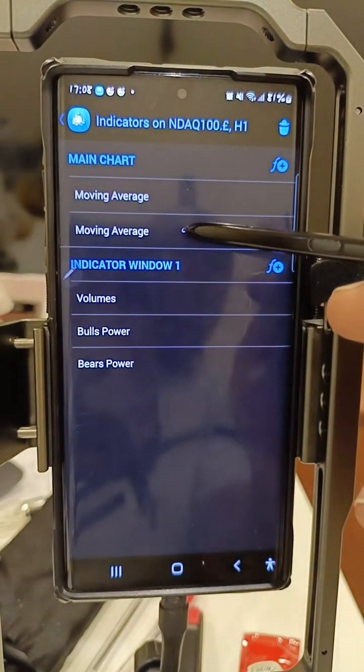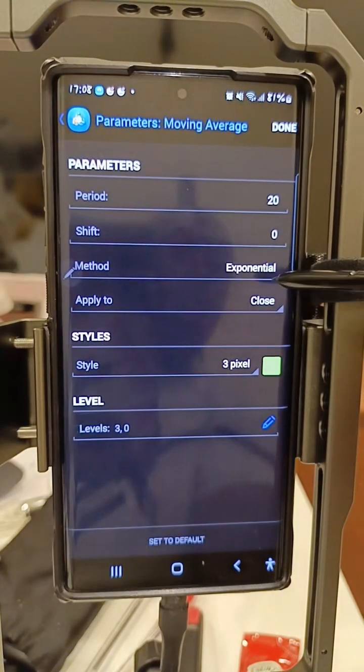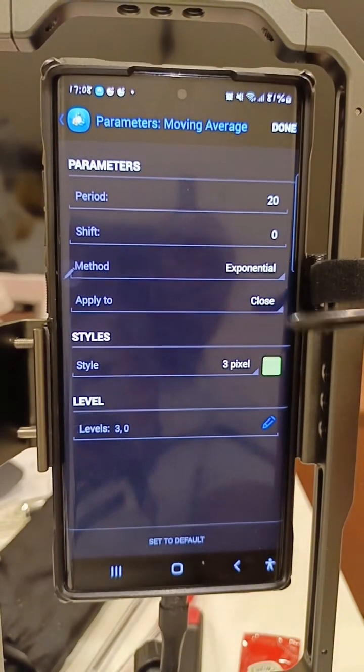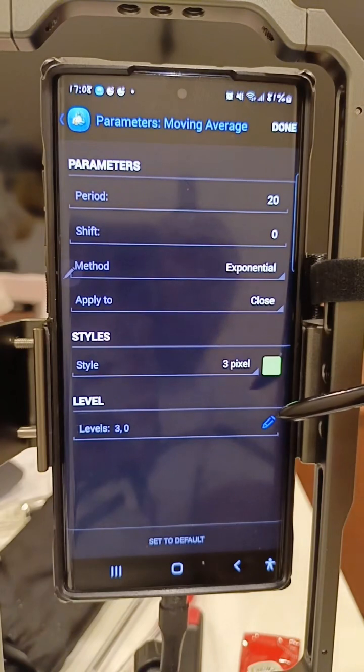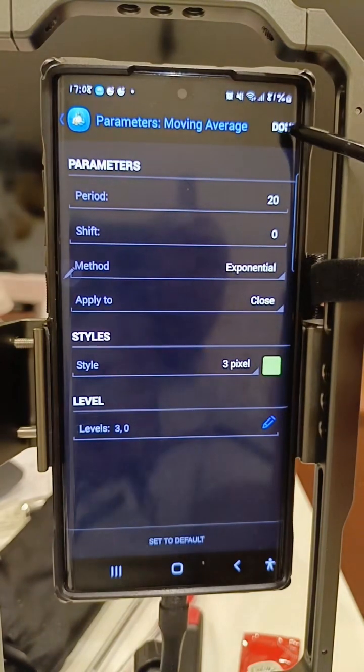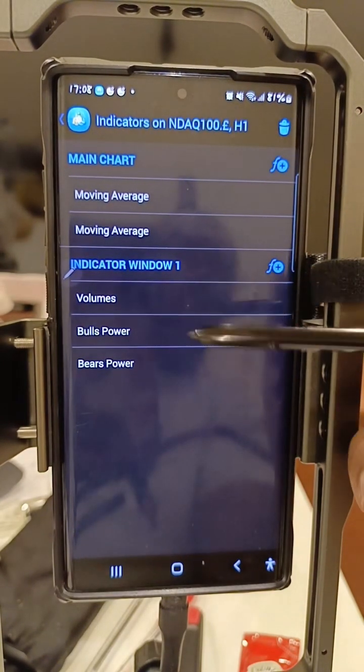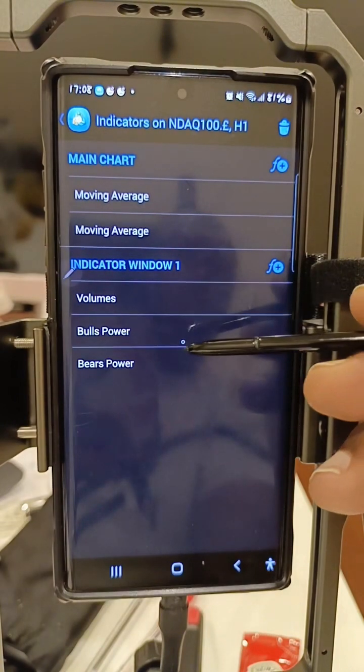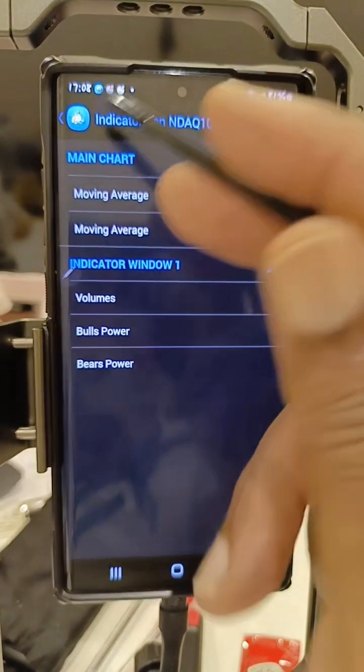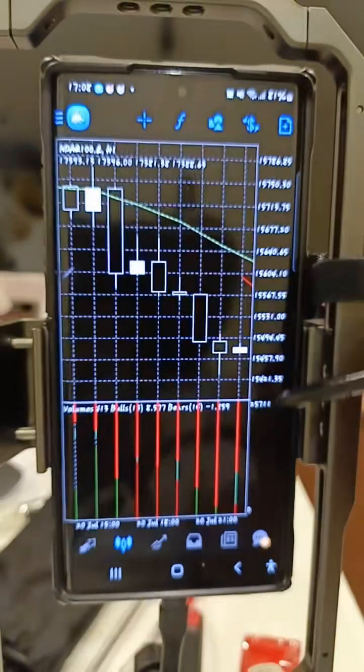The 20 MA is exponential, and that color is green and white. And I've used the volume, the bull power, and the bear power. So these are all the indicators I've used here.